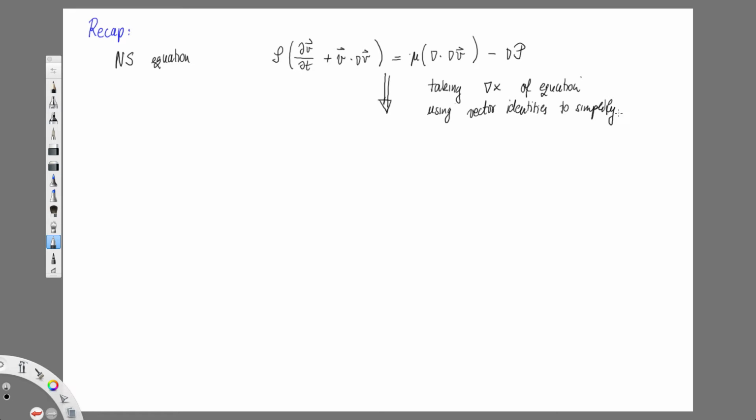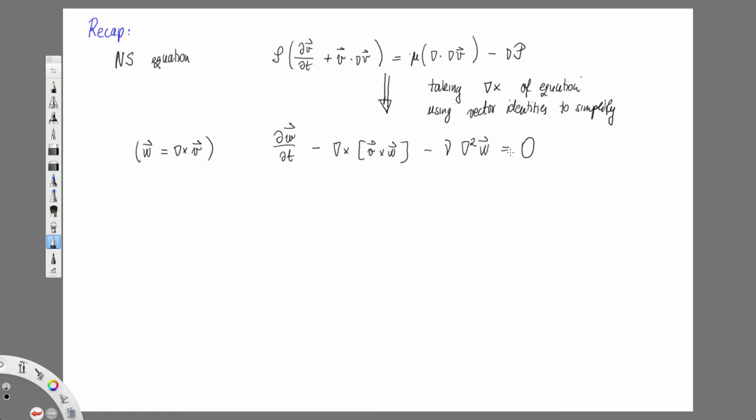And that equation of change of vorticity, with vorticity W being the curl of V, became: partial W partial t minus curl of V cross W minus nu times the Laplacian of W is equal to 0.